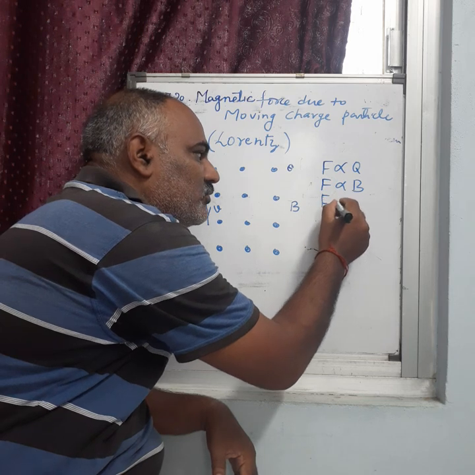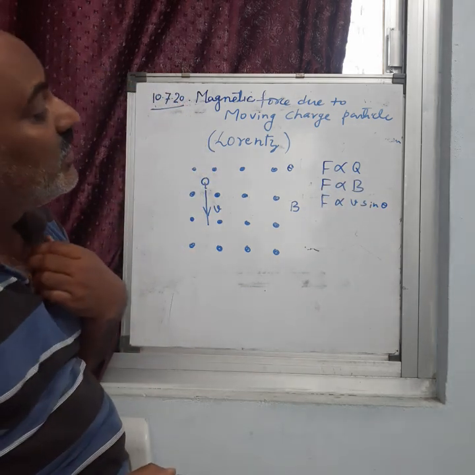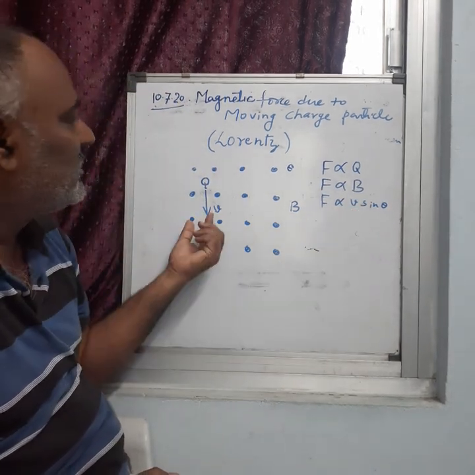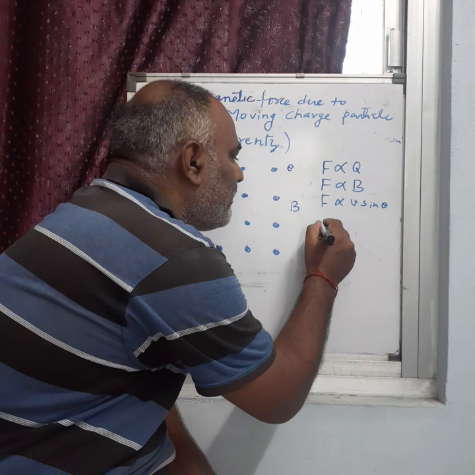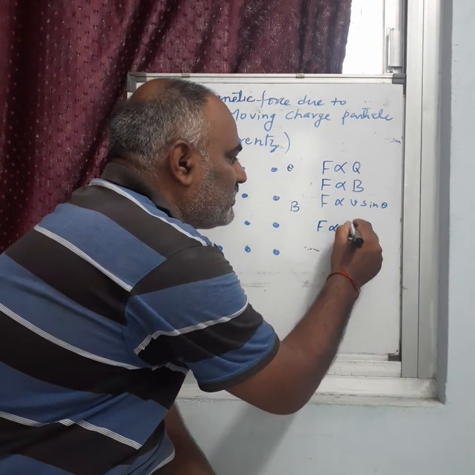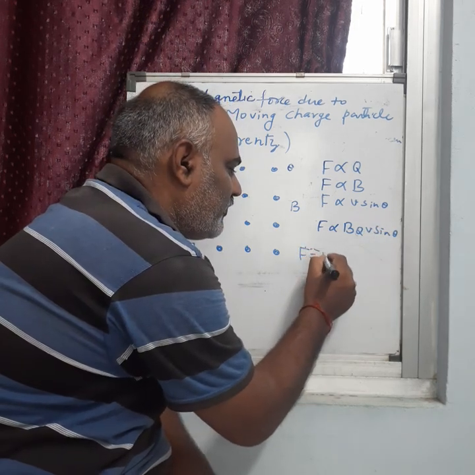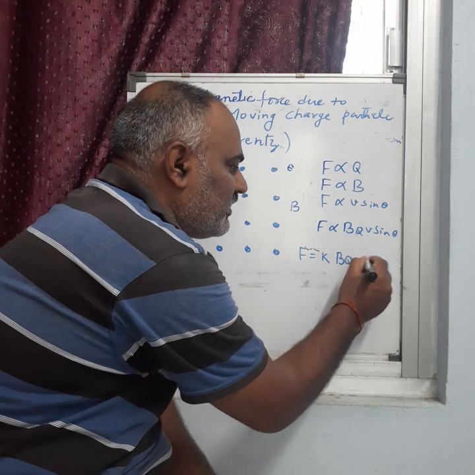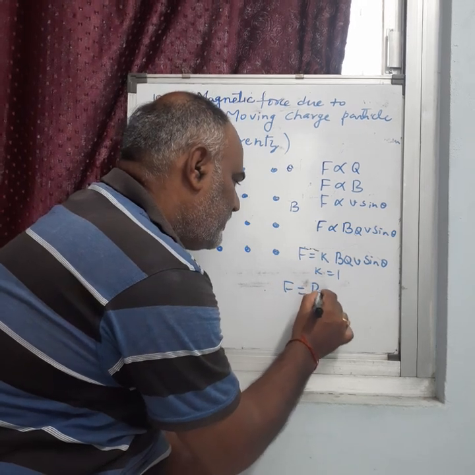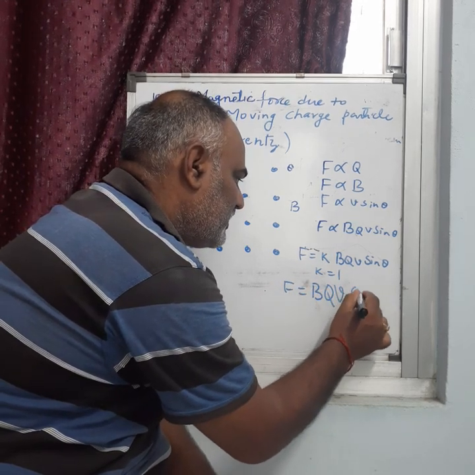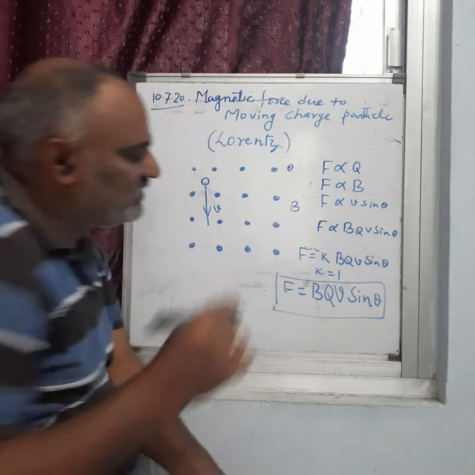Force is directly proportional to V sin theta, where V is the speed of the charged particle and theta is the angle between the magnetic field and the particle's velocity. Combining these, F is proportional to BQV sin theta, and removing the proportionality constant K, if K is equal to 1, F equals BQV sin theta. This is the Lorentz force.